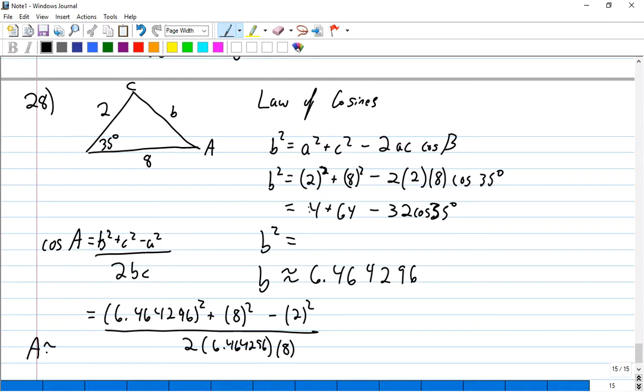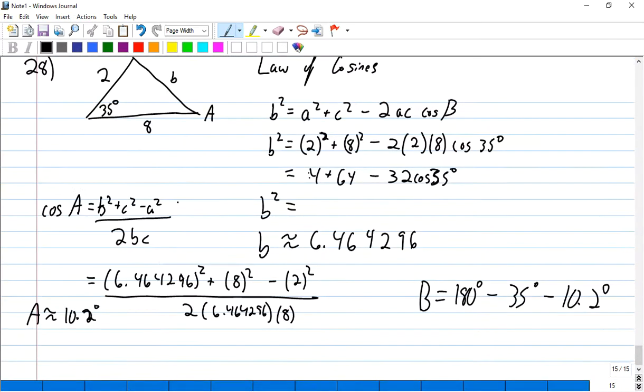So if angle A is about 10.2 degrees, how can I find angle B? You say 180 minus 35 degrees minus 10.2 degrees. And what do you get? 134.8.